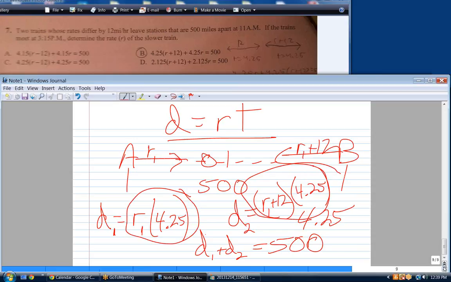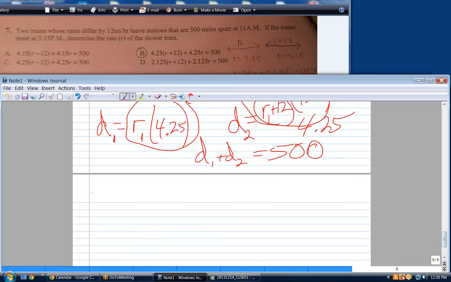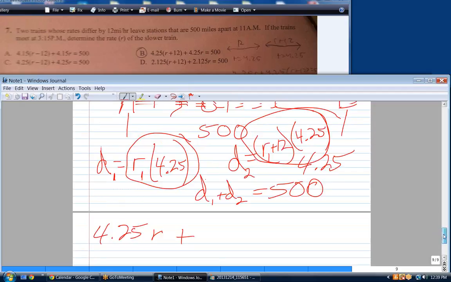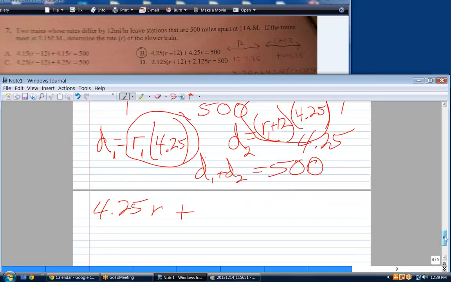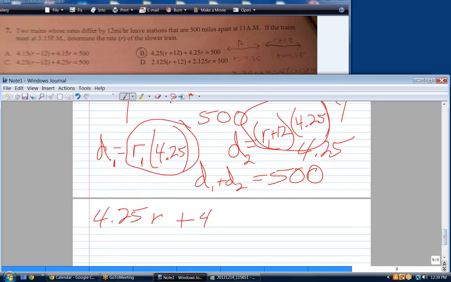What do we get? We get 4.25R plus 51 equals 500.